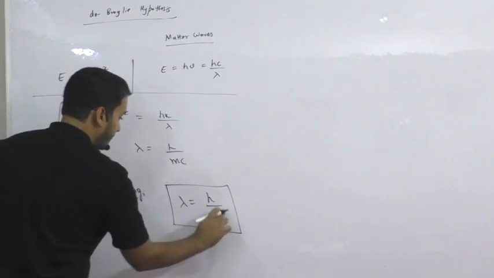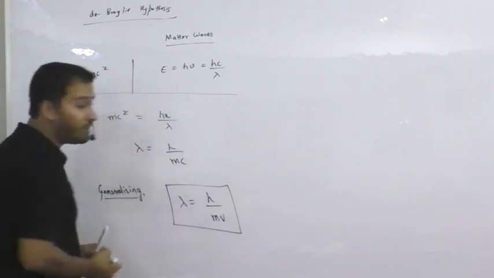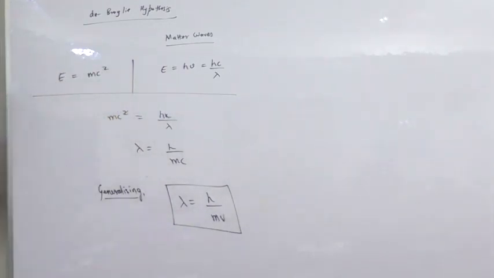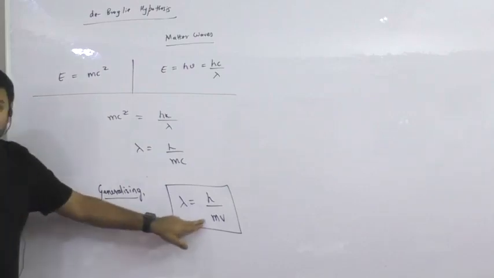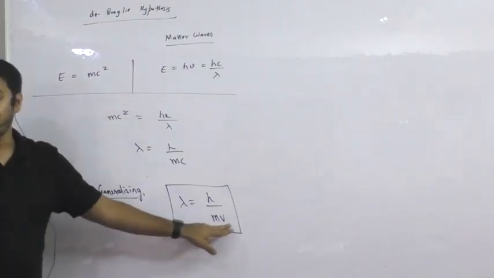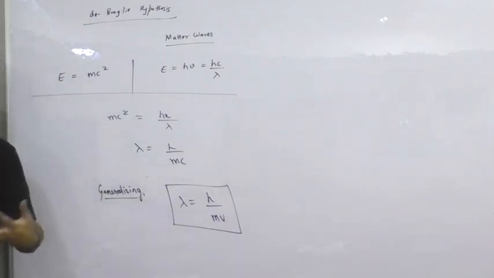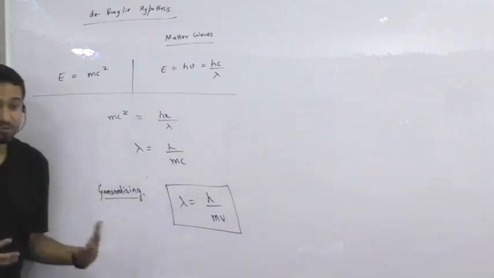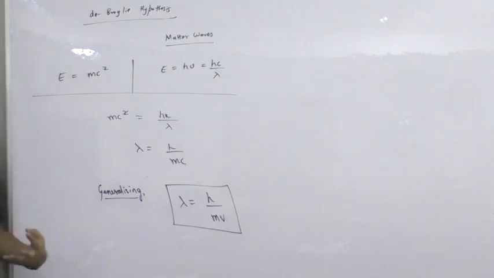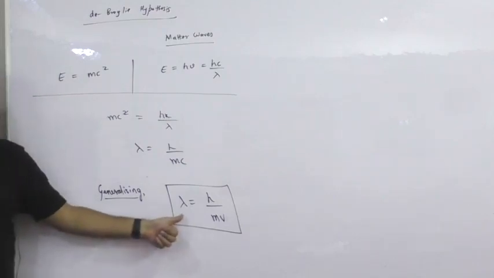Now please understand the terms here. De Broglie is saying that if I have a particle of mass m which is moving with a velocity v, this particle will now possess some wave-like characteristics. This particle will now also be a wave, and it will have a wavelength lambda.